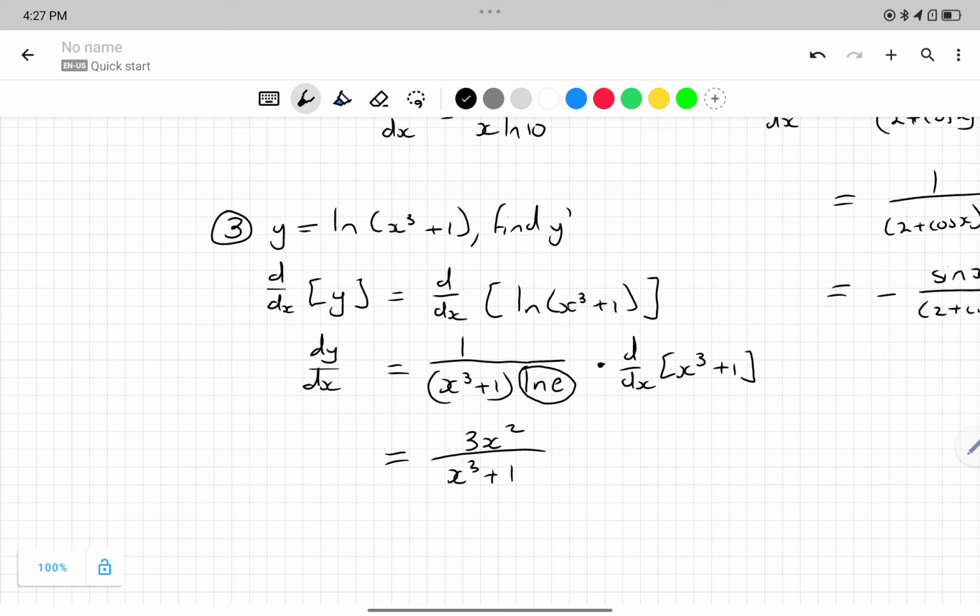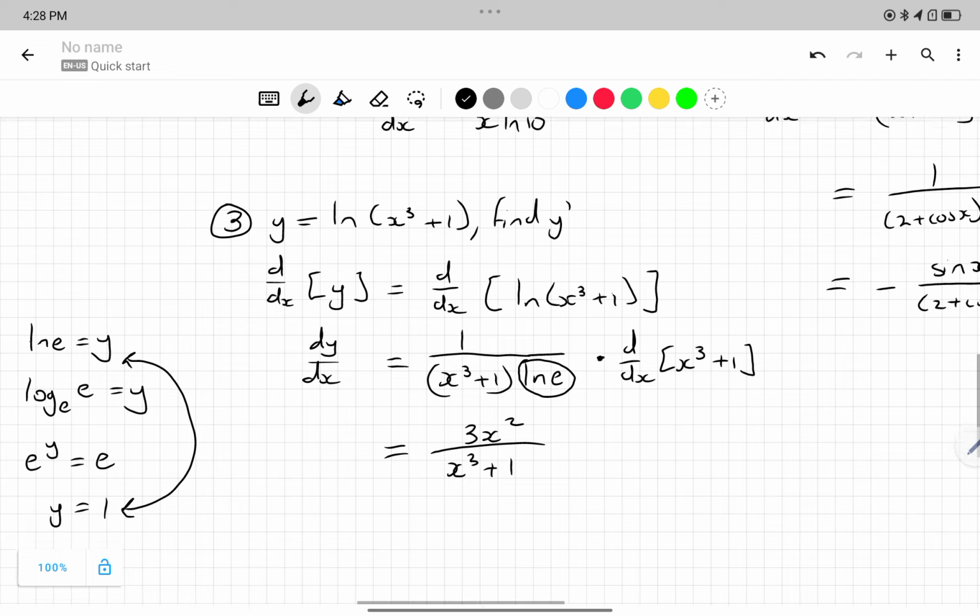If we have log e, let's let it equal y. So log e equals y, which means e to the exponent of y equals e. So that means y is equal to 1. See?